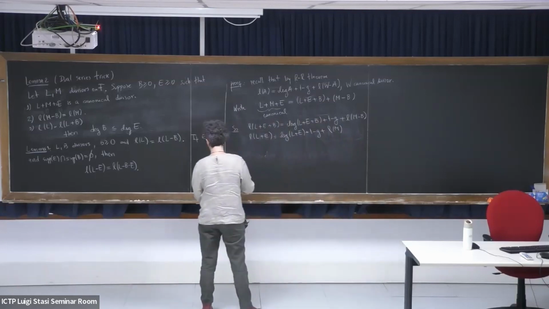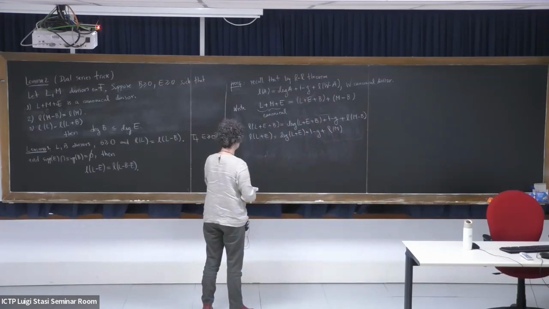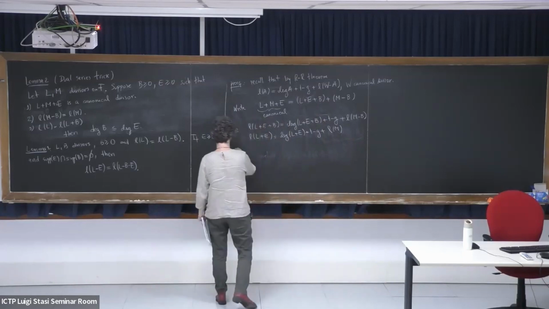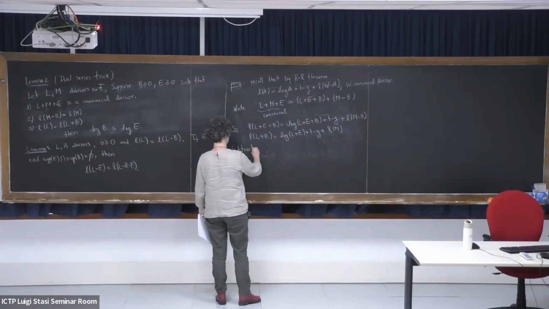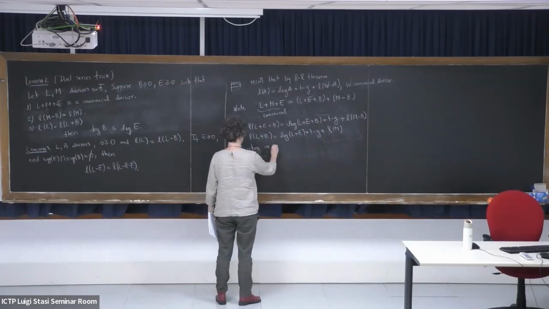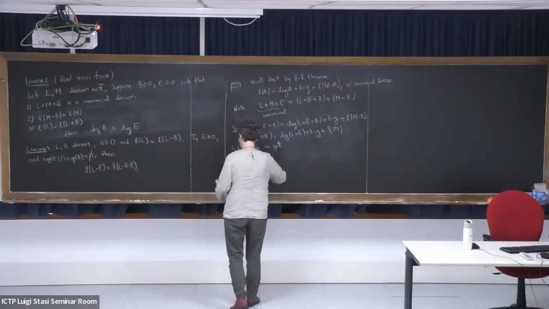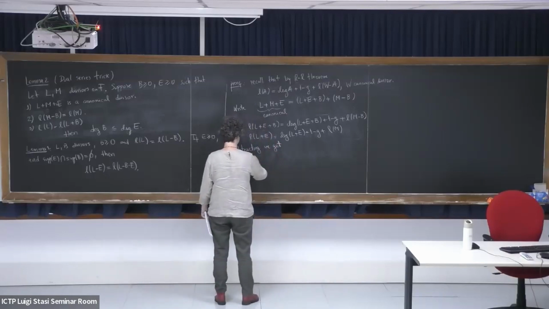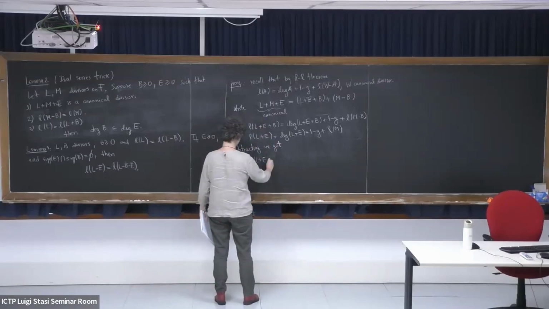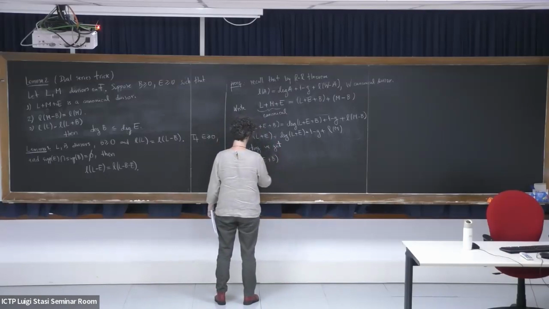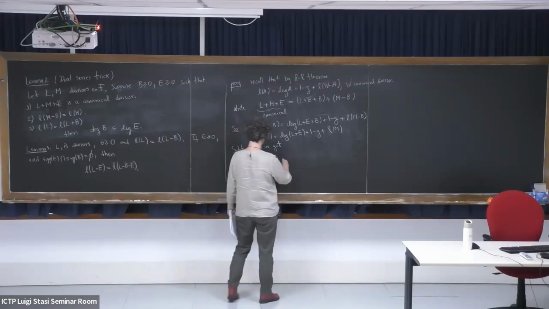Now we subtract equation one from the other. We get that this dimension is larger than this one, so this has to be larger than 0, minus this.